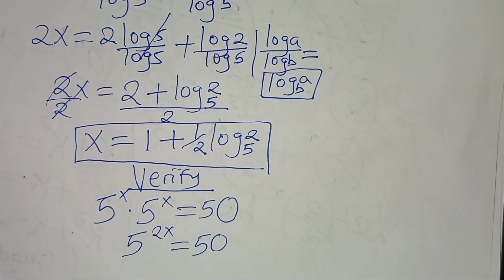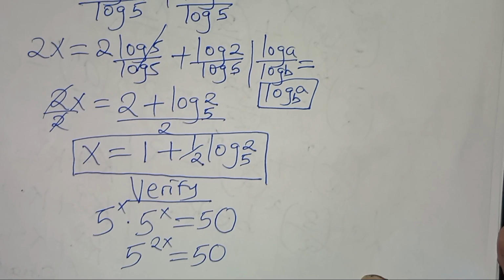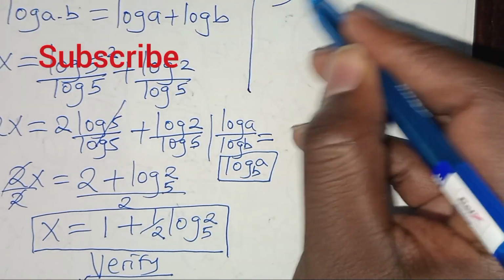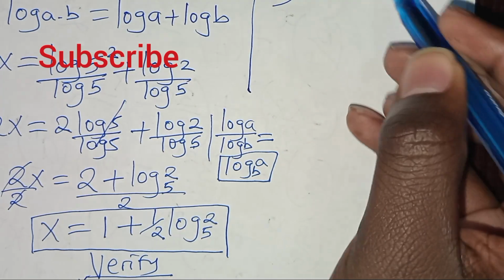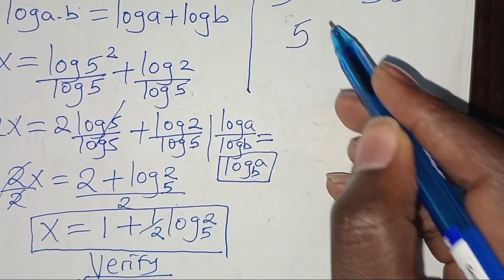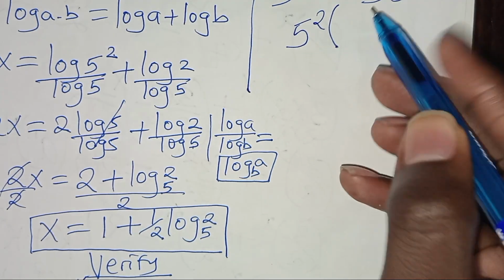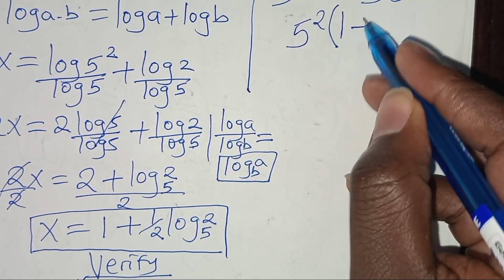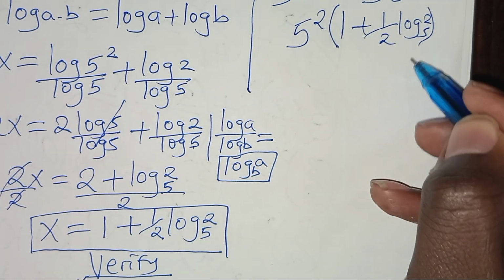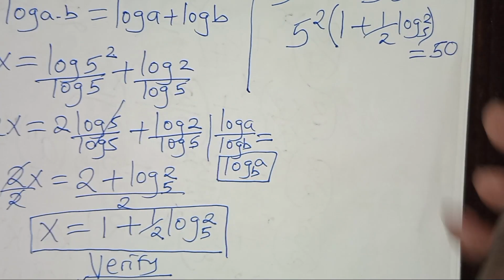So let's substitute the value of x here, so that now we'll have 5 to the power 2x. This is supposed to give us a value of 50. So let's substitute the value of x, which is basically equal to 1 plus a half log 2 to base 5.